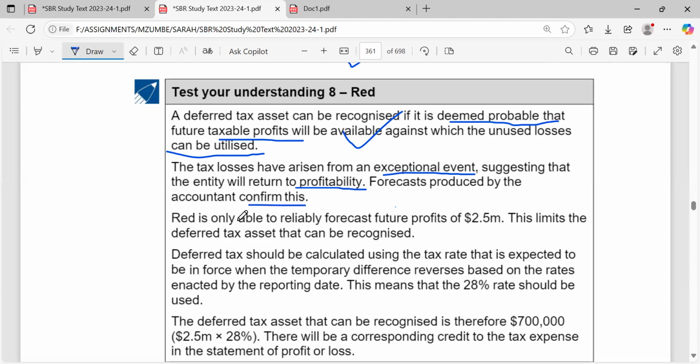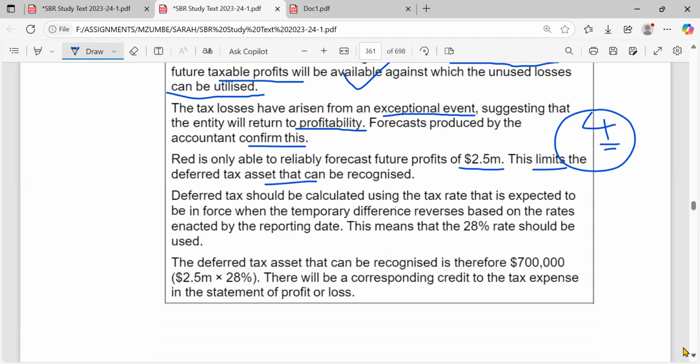But now this is the problem. Red can only forecast the profits of 2.5 million, while the problem was actually on 4 million. So you can't deal with all 4 million. Let's just take 2.5. That's why we say this limits the deferred tax assets that can be recognized, right?